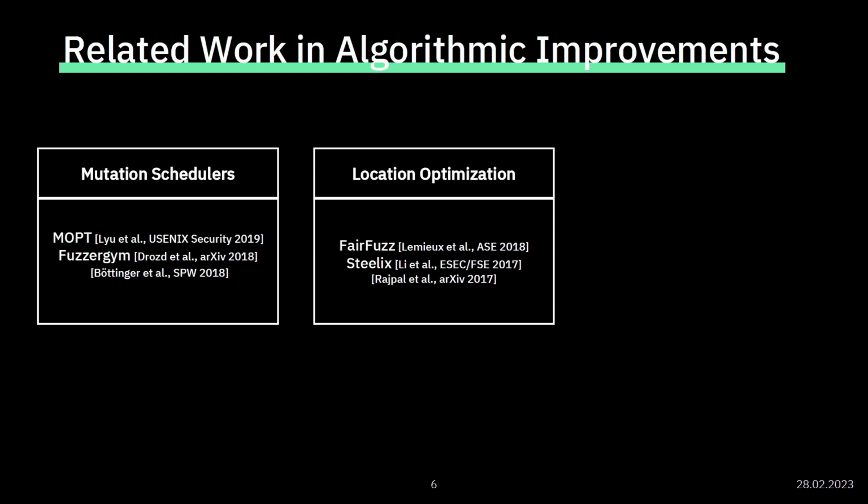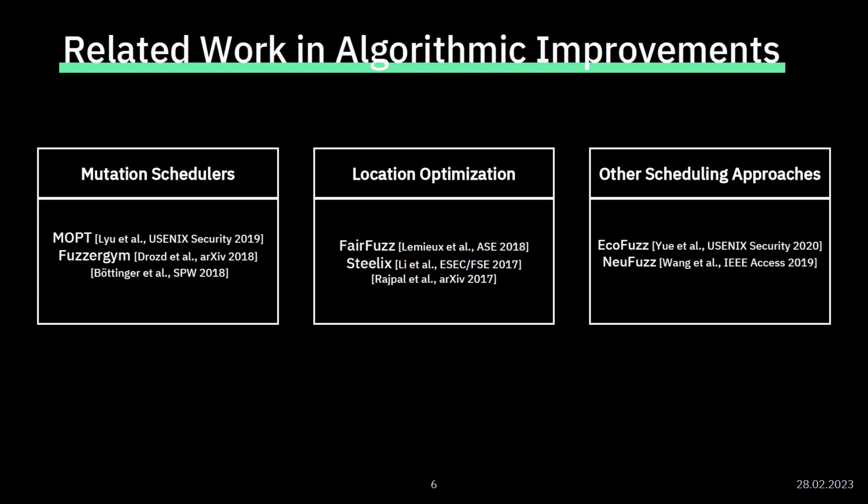There are some very popular approaches like taint tracking, but also more lightweight techniques that got established a bit later. And we grouped another important research direction, which we call other scheduling approaches, which, for example, consists of seed scheduling, which tries to find some kind of optimal energy distribution. So how long does a seed need to be fuzzed?